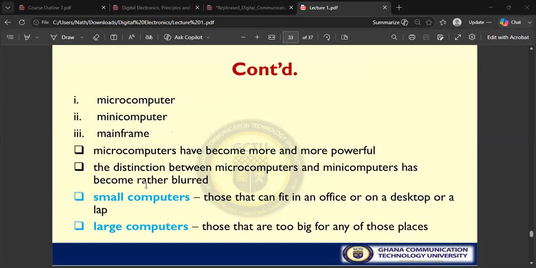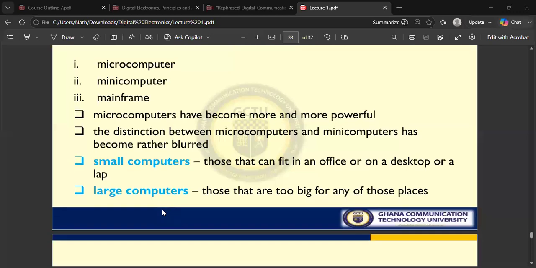But still, my computer performs much better than the mini computers. Small computers are those that can fit in an office, a desktop or a lab, and large computers are those that are too big for any of those places.